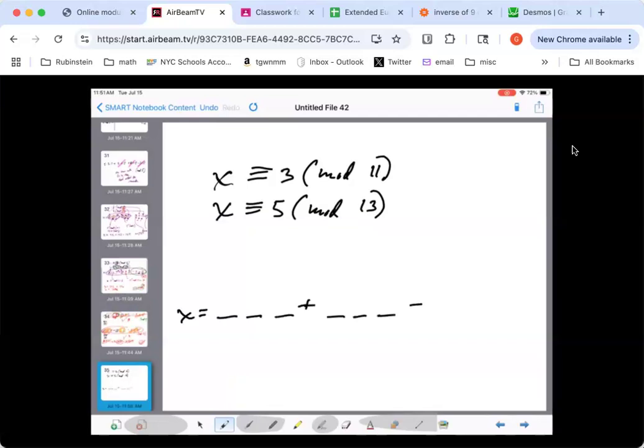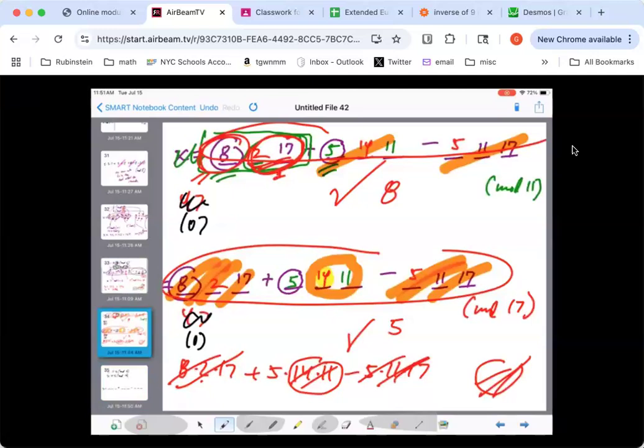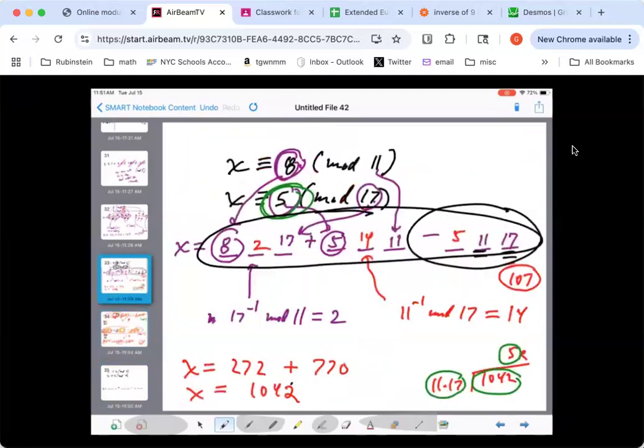To confirm, in the last one that we did, the answer to the 9 things was 107. That's right, because it was 1042, but then when I divided by 187, I got 5 remainder 107. So the answer was the remainder after I divided this number by 187.